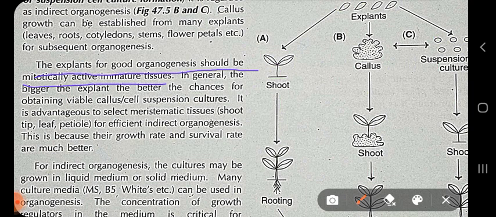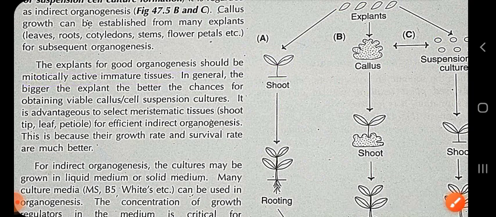Now, in general, the bigger the explant, the better the chance of obtaining viable callus or cell suspension culture. If the explant size is larger, there is a greater chance of survival and of obtaining viable callus.